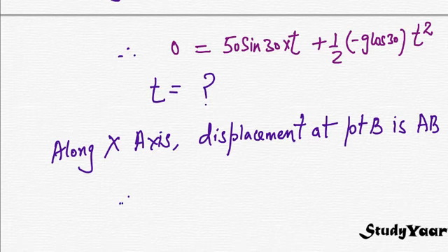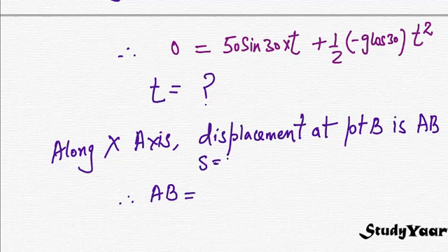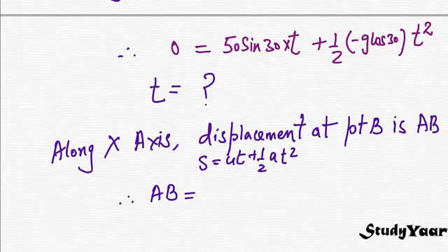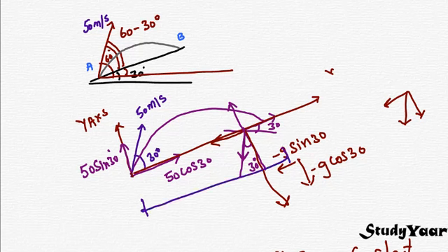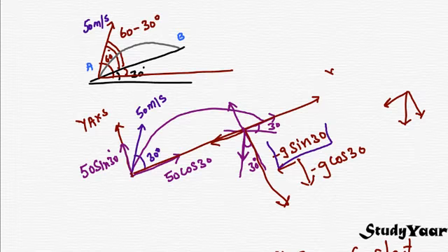Therefore AB is equal to, s equals ut plus half at square along x-axis. If I apply this along x-axis, I am going to have this as the displacement. I know the initial velocity along x-axis, which is this. I know the acceleration along x-axis, which is this.